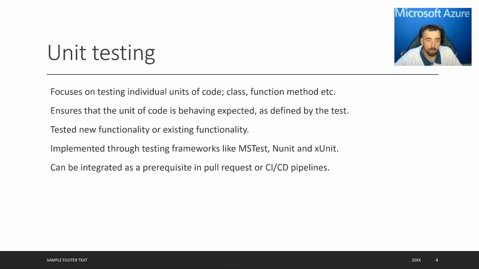Unit testing is typically implemented through testing frameworks that are available to be added to your projects, including MS Test, NUnit, and XUnit. And one of the things we can do with unit testing and integration testing as well, which we'll get to, is we can integrate these as a prerequisite in a pull request. So if we're using CI/CD pipelines and tooling, typically these tools provide us with a mechanism, whether it's through a branching policy or an automated process.